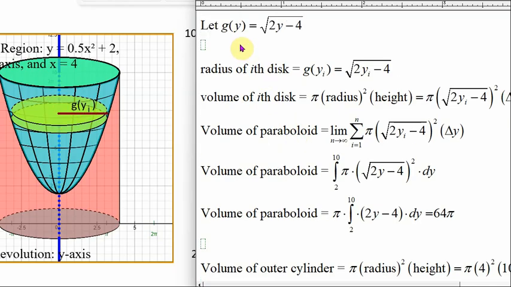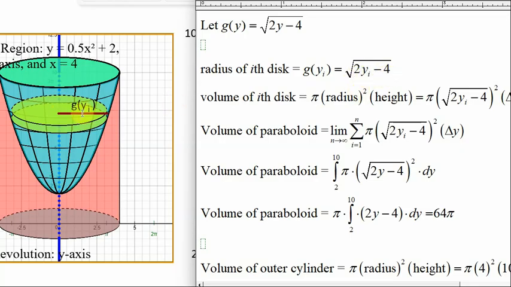But g of y is the square root of 2y minus 4. And so g of y sub i would be the square root of 2y sub i minus 4. And so that's the distance from the y-axis to the graph. But this is the radius of this ith disk. And so the radius of this ith disk will be the square root of 2y sub i minus 4.